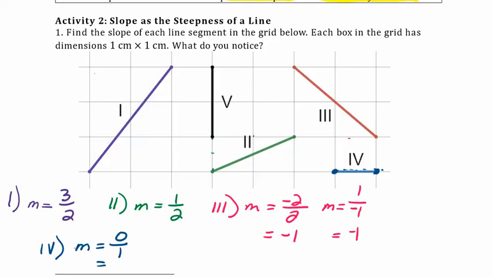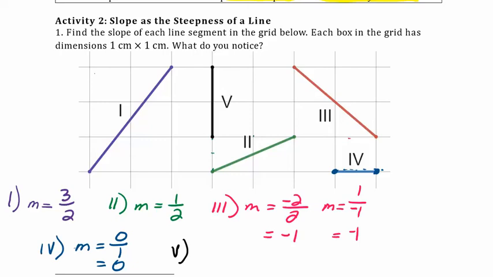And 0 divided by 1 is 0. So when we have a horizontal line, the slope is 0, indicating that there's really no change in whatever the vertical axis is representing. Like if Sam wasn't saving any money over some months, there'd be a horizontal line showing no change in his savings.